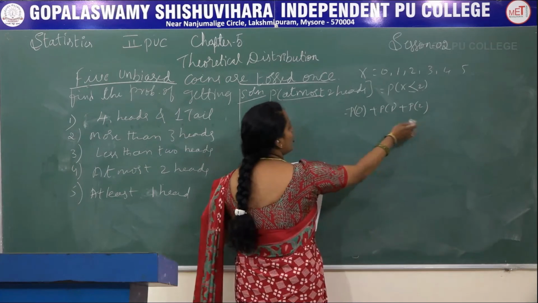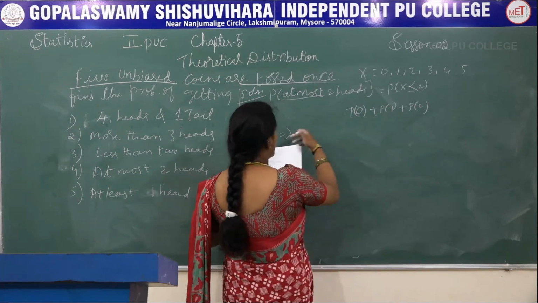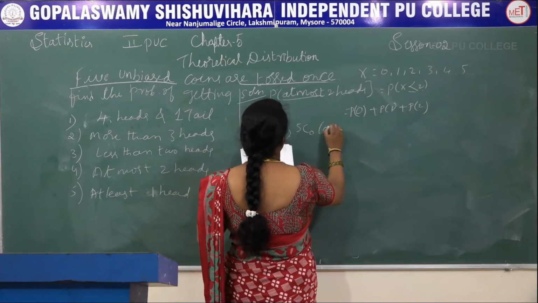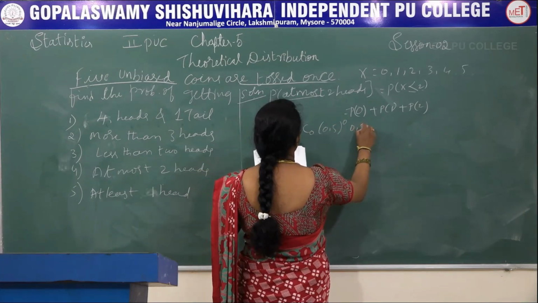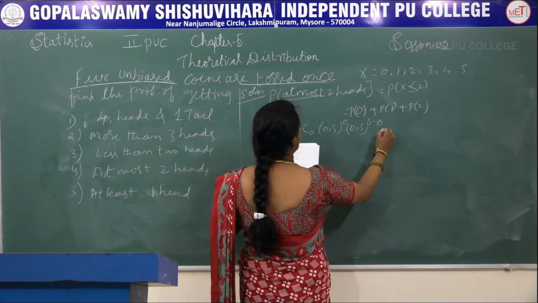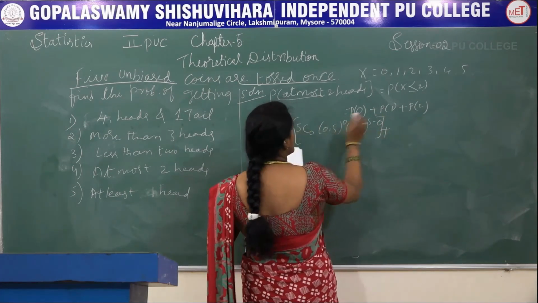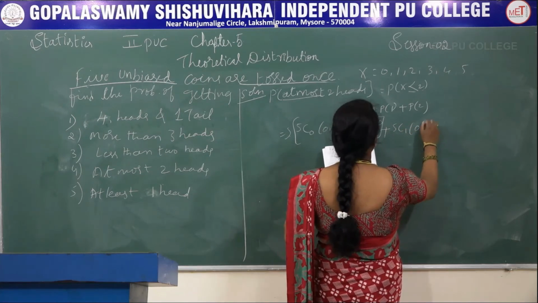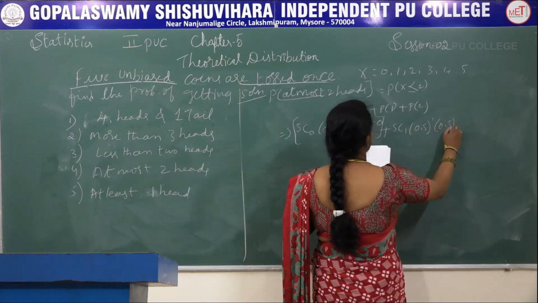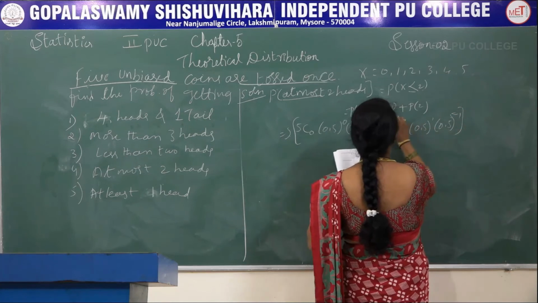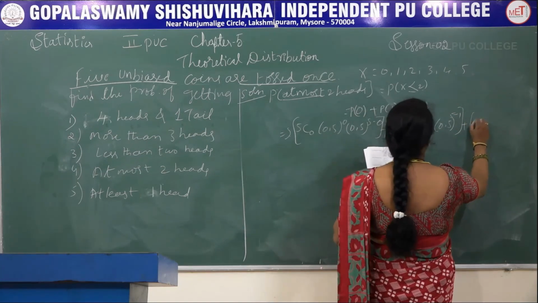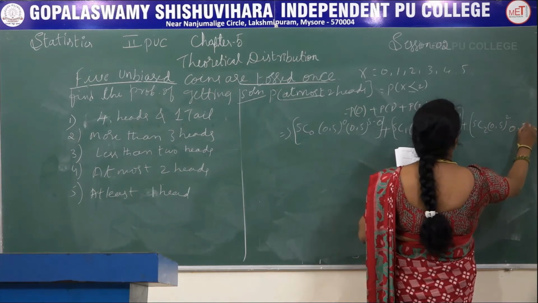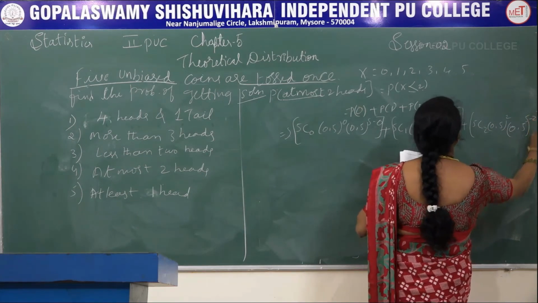Here we combine all three probabilities: 5C0, 0.5 to the power 0, 0.5 to the power 5 minus 0, plus for P1, 5C1, 0.5 to the power 1, 0.5 to the power 5 minus 1, plus 5C2, 0.5 to the power 2, 0.5 to the power 5 minus 2.